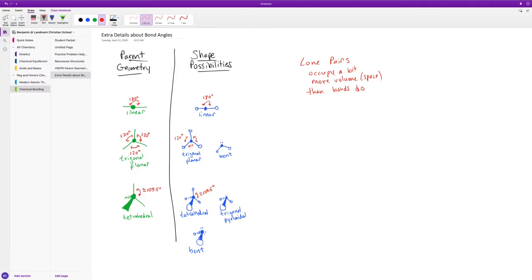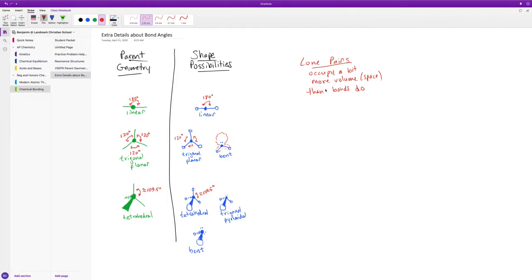Whereas with a lone pair, the lone pair is only attracted to that blue atom. That's the atom that it belongs to. And so they kind of swarm around way out here like this. So they really do take up quite a bit more volume than these bonding pairs do. As a result, when you have molecules with lone pairs, the effect on the bond angles is important to consider.